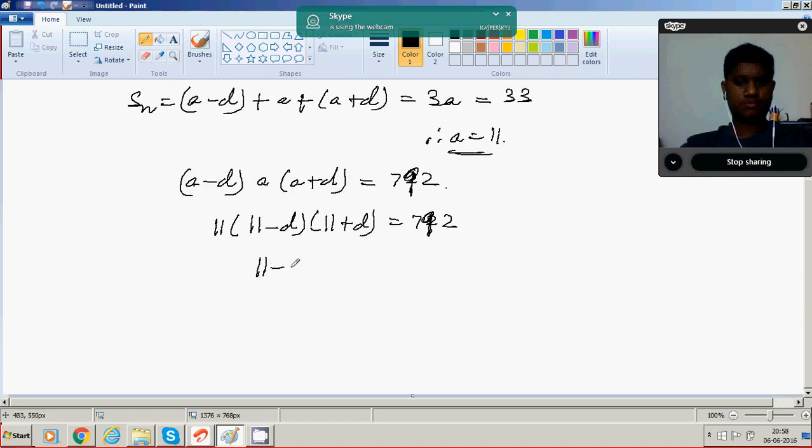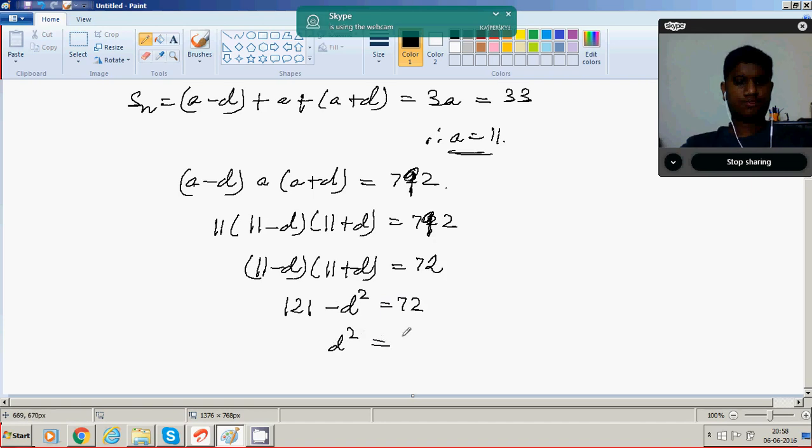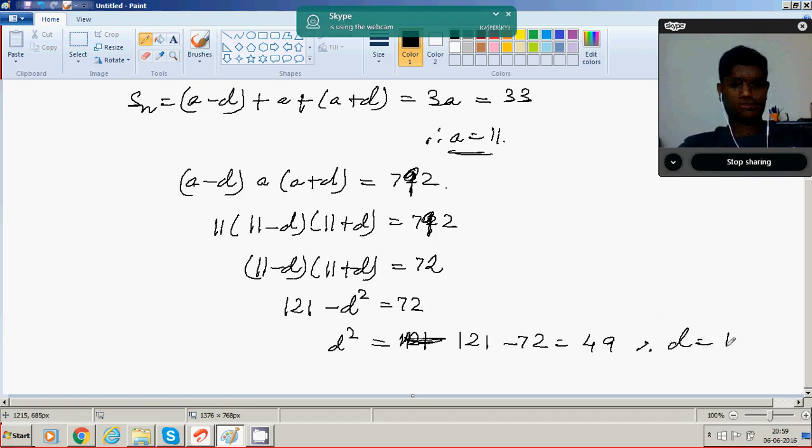So 11 minus D times 11 plus D equal to 792 divided by 11, therefore D equal to plus or minus 7.